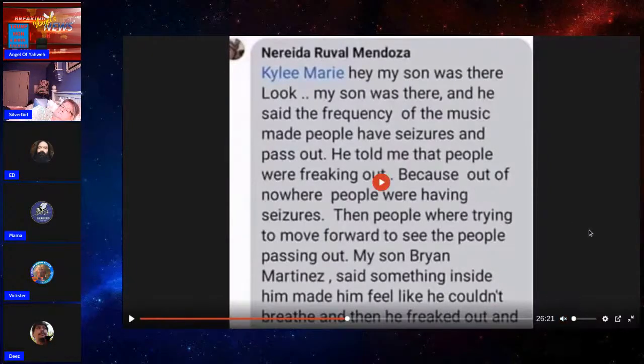It says, my son was there. He said the frequency of the music made people have seizures and pass out. He told me that people were freaking out because out of nowhere people were having seizures. Then people were trying to move forward to see the people passing out. My son, Brian Martinez, said something inside him made him feel like he couldn't breathe, and then he freaked out.